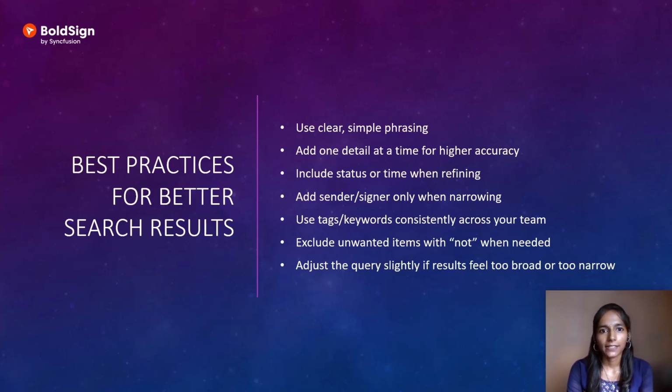Use time and status words such as updated this week or waiting for my signature. Add sender or signer only when narrowing. Use not to exclude the results you don't need. And if the results are not exactly what you expected, try adjusting one more small detail in your query.